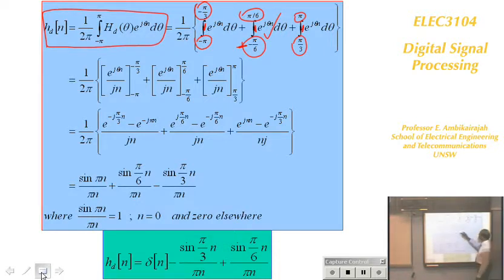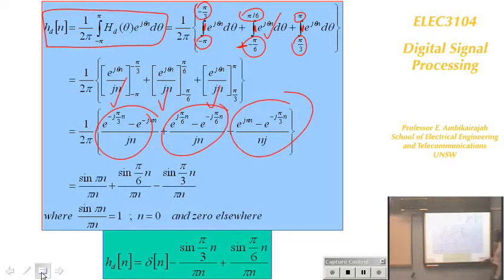If you integrate this one, this is the first part. Then you substitute, and now you can combine this with that, so this, then this one. Is that correct?